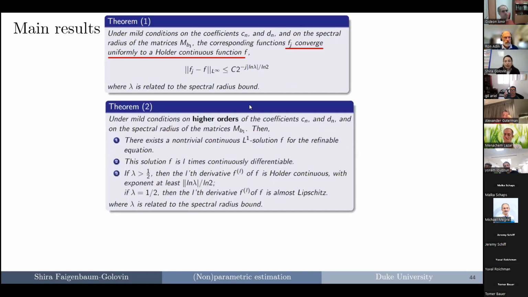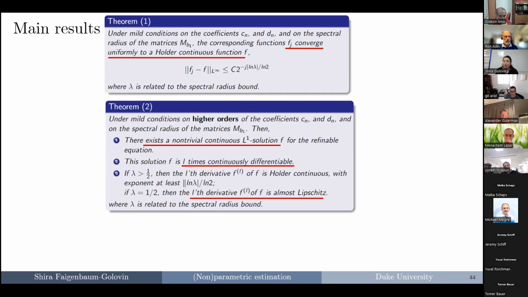And next, if we have more constraints on those coefficients, we are able to prove that there exists a solution, and also that there exists a non-trivial L1 solution to this refinable equation, and that the derivatives of this process are also continuous up to some order, and it depends on the coefficients as well.